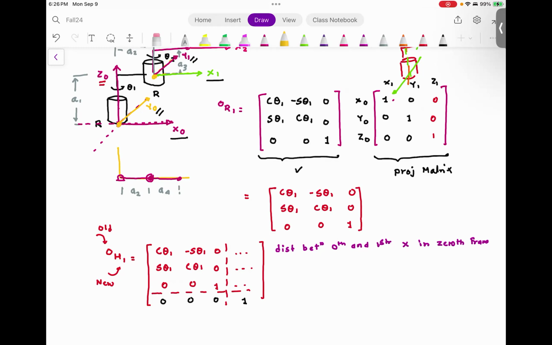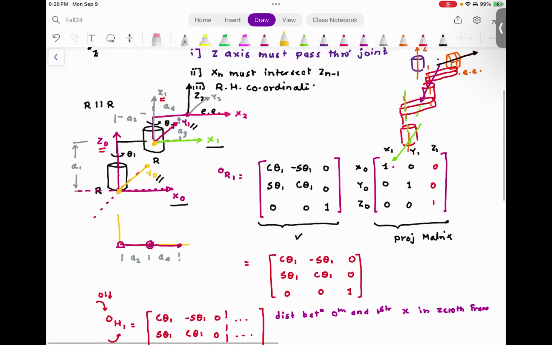What does that mean? Note that my 0th frame is here. My first frame is over here. And I want to find the distance between the 0th frame and the first frame about x naught. Looking at the top view, you can say that this distance is nothing but A2.